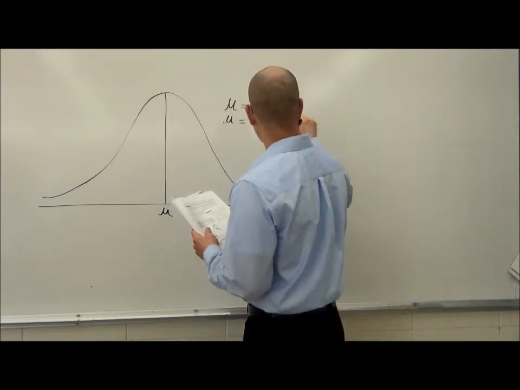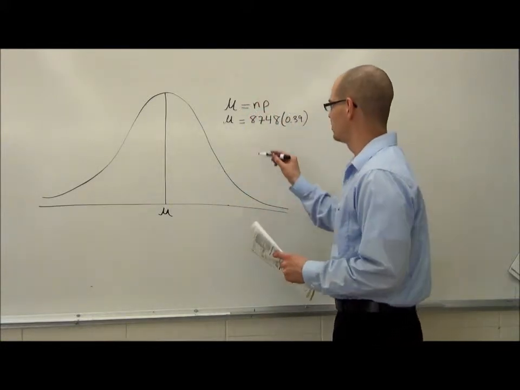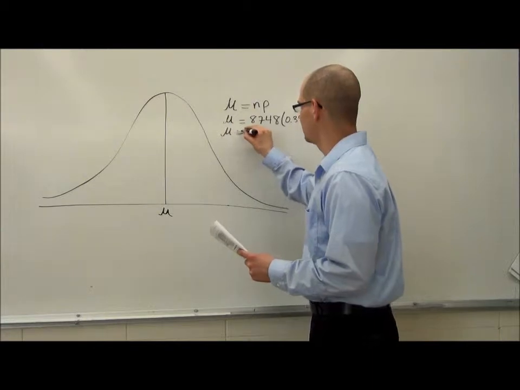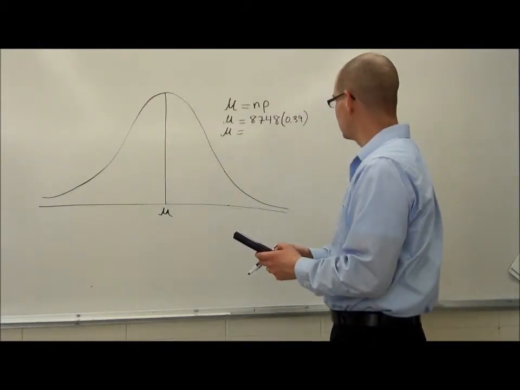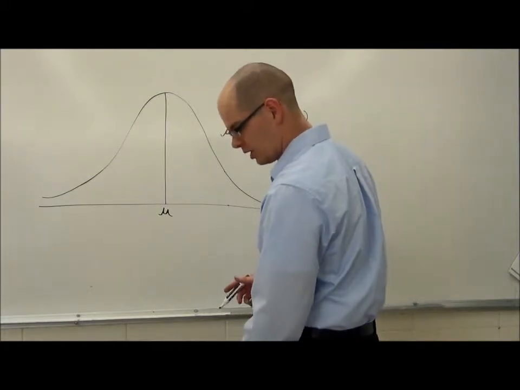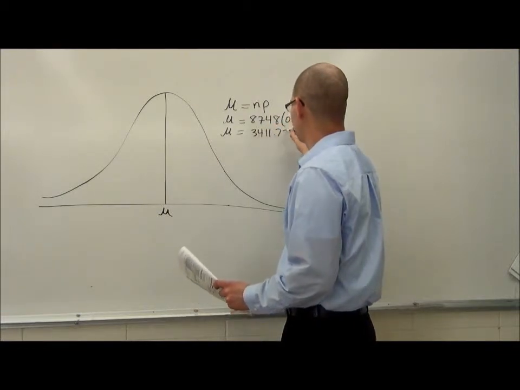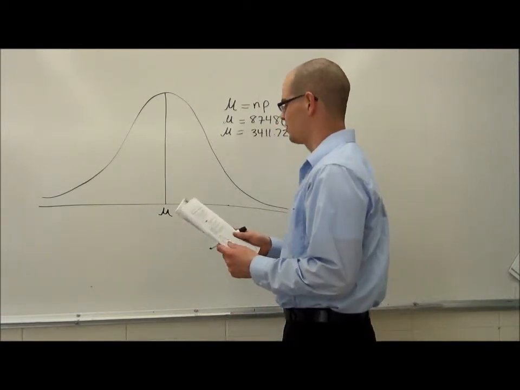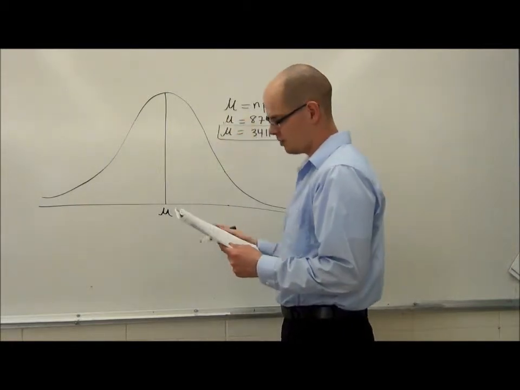And the percentage is going to be written as a decimal of 0.39. Okay? So I can calculate my mean, and that comes out to 3,411.72. So 3,411.72 people is the average. Okay? So I've now done the mean.